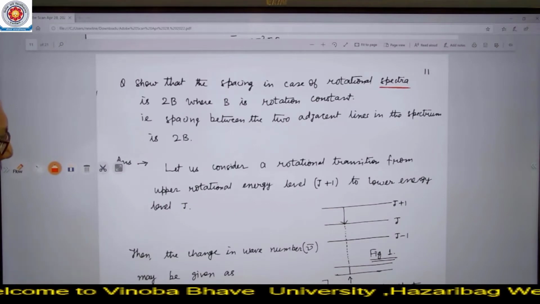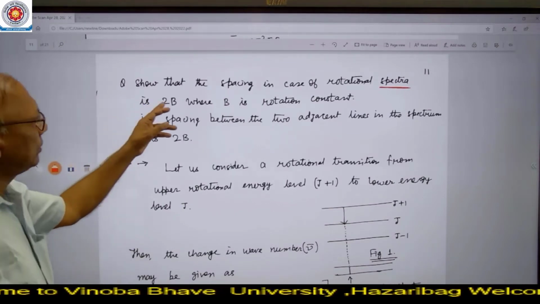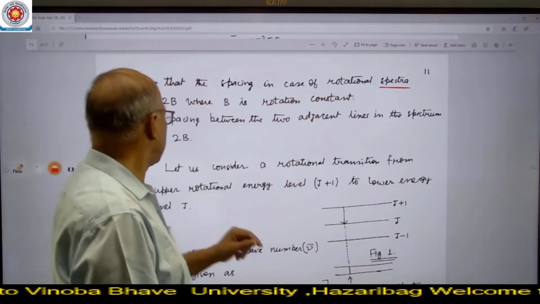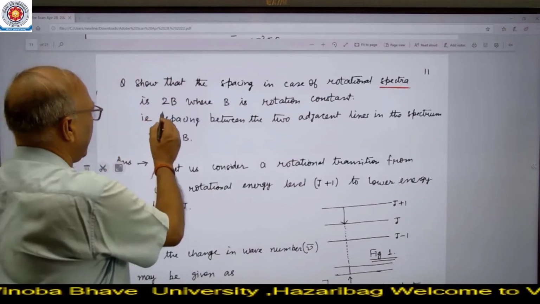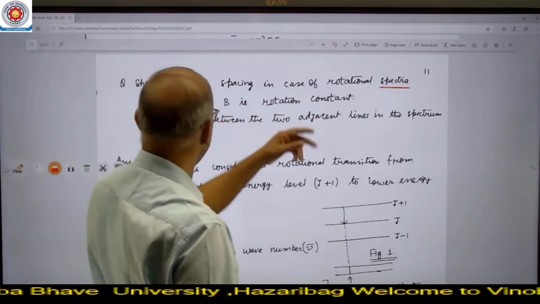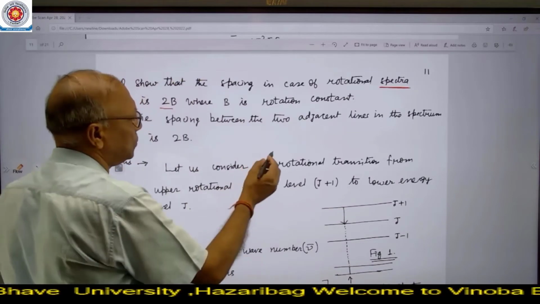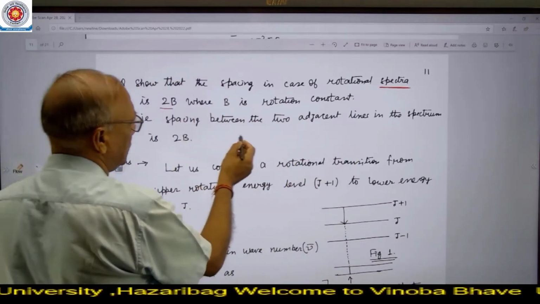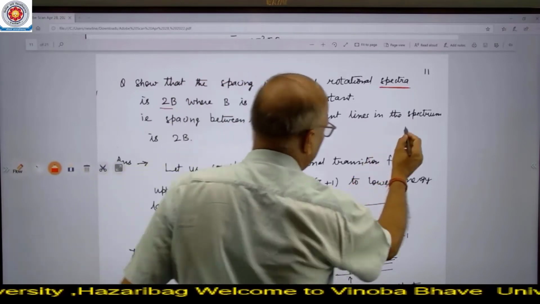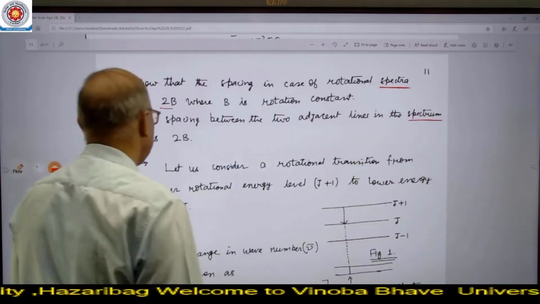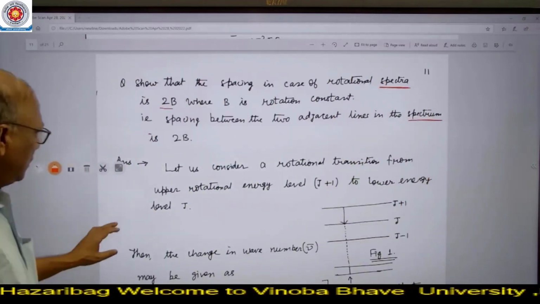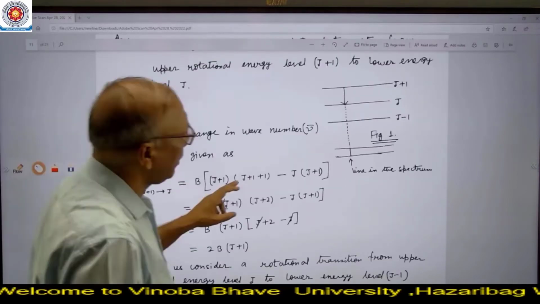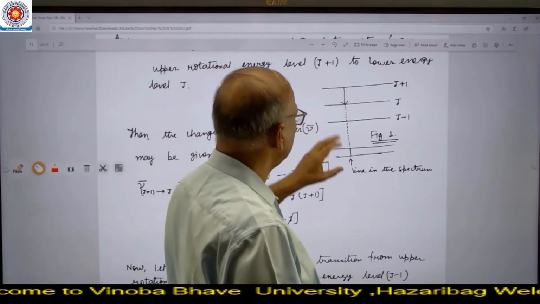This is a very important question. The spacing in rotational spectra is 2B, where B is the rotational constant. Another way to say it is that the spacing between two adjacent lines in the spectrum is 2B. For answering this question, we have drawn some energy levels again.